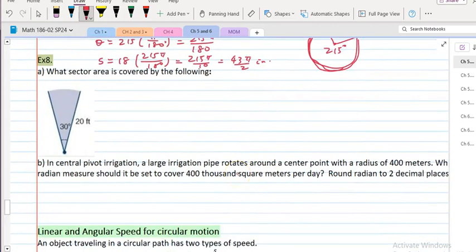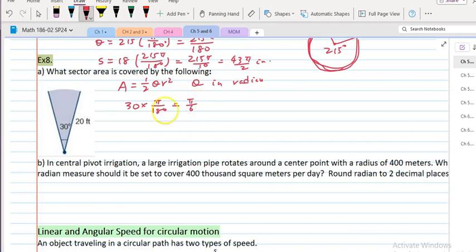So example 8, we have a sector subtended by 30 degrees. Degrees we don't want if we want to find sector area, because the area is 1/2 theta r squared, where theta is in radian. So you have to change your angle to radian first, which is 30 times pi over 180, which is pi over 6.